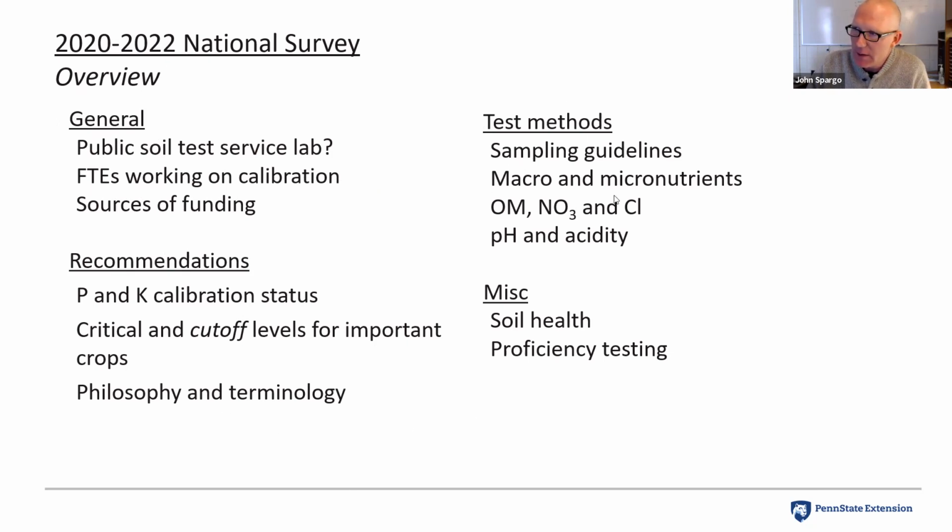And then we dialed in on soil test methods. Today we're going to really focus on pH and soil acidity, but we also collected information on other things, such as whether, if you have a lab, you participate in proficiency testing, soil health, et cetera.